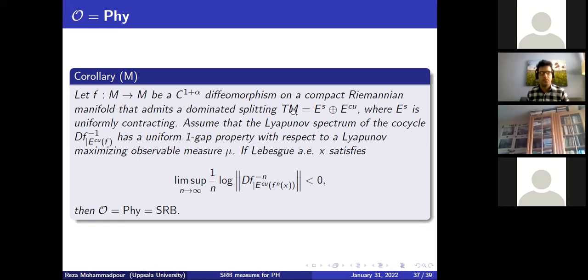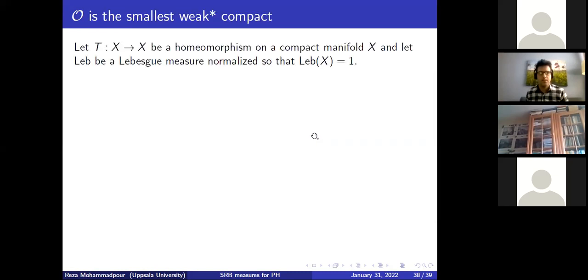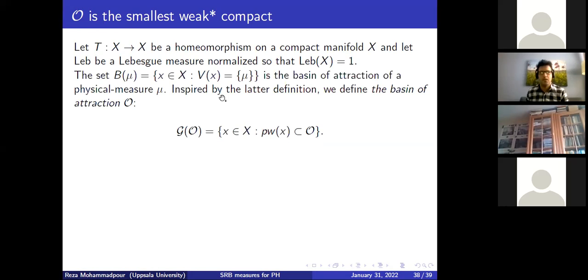So for the proof of this corollary, I need to mention something about observable measures. Again, the basin of attraction, as I defined it. Oh, sorry, this one is p_omega. It's the basin of attraction.